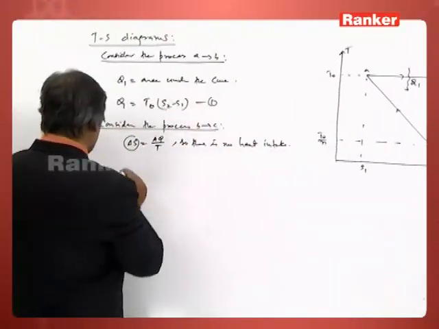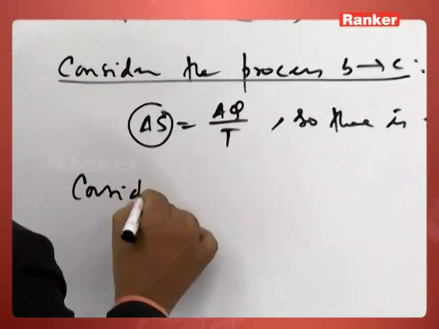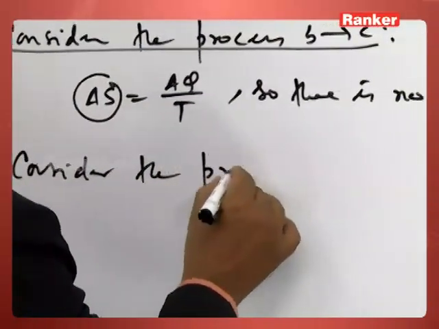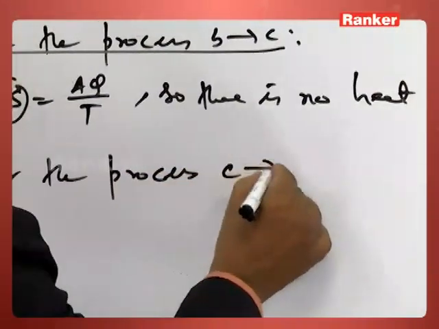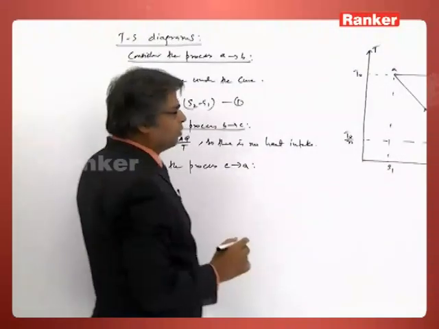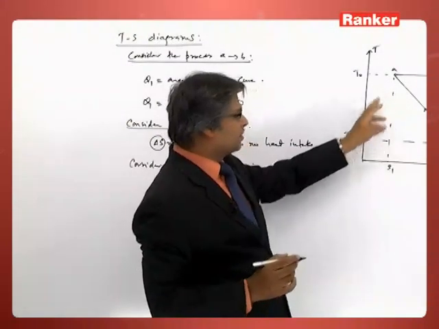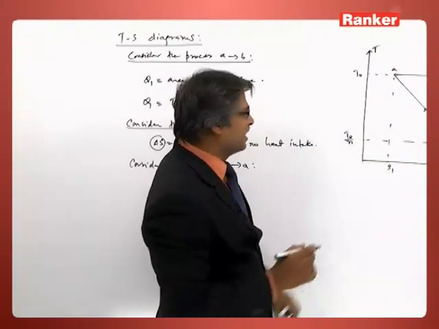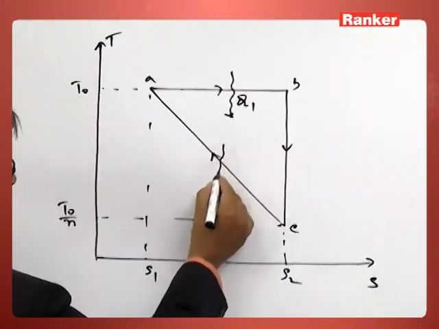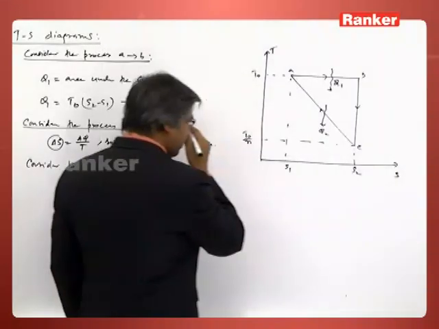Next, consider the process C to A. Now in the C to A process, the entropy is decreasing and so heat is going out of the system.